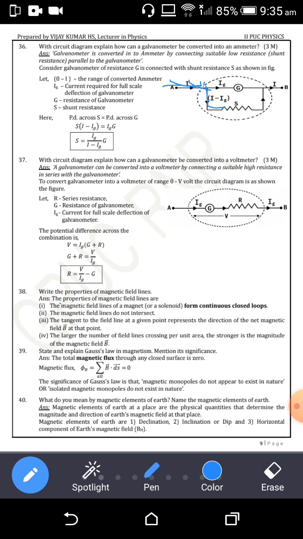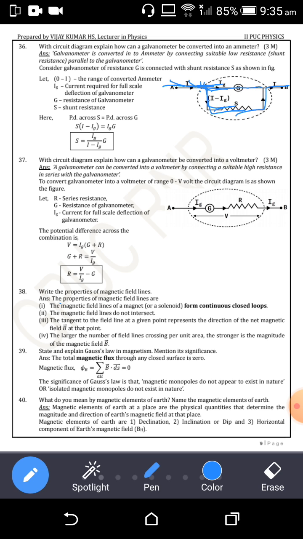Current always flows in the path where low resistance is offered; if there is high resistance, only a small amount of current flows through it. Hence maximum current flows through the shunt path, and only a minute current flows through the galvanometer.